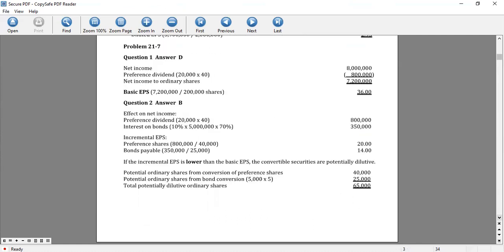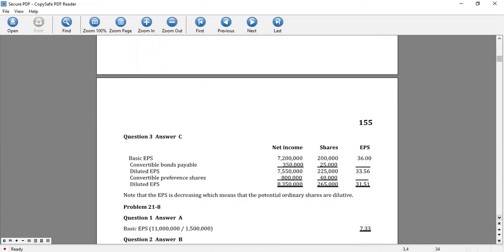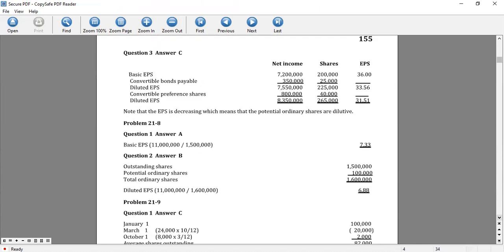Next is problem 21-7. Now please share screen. Then 21-8: the answer to question 1 is A, and number 2 is B.